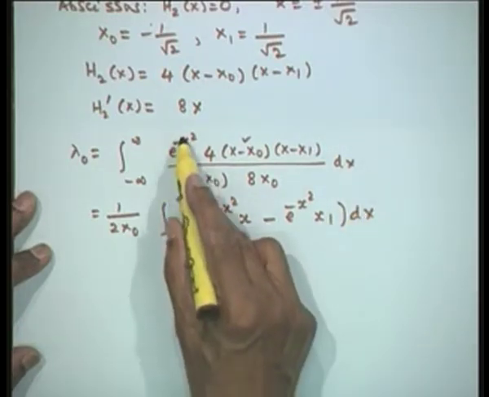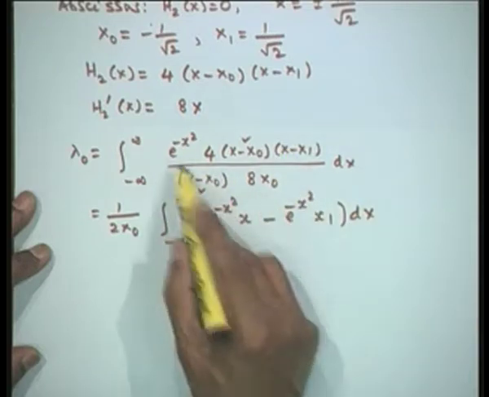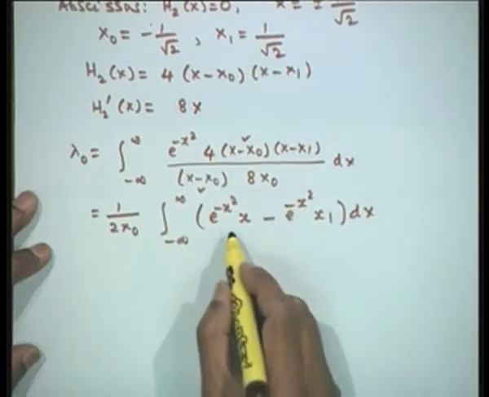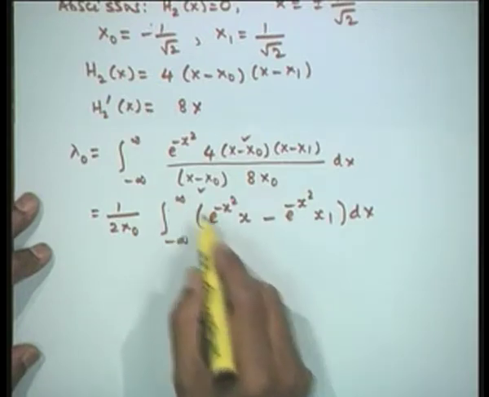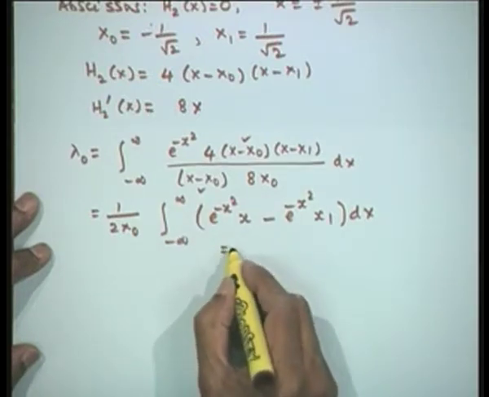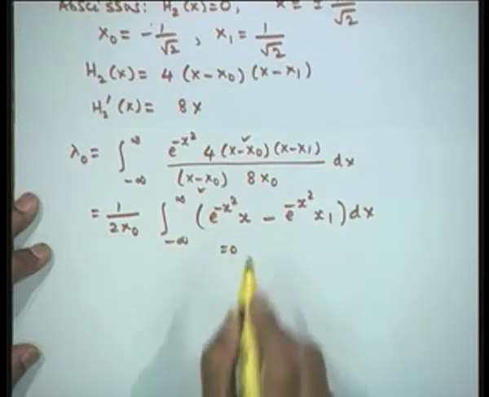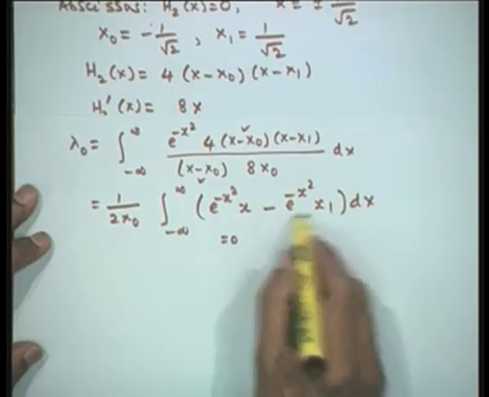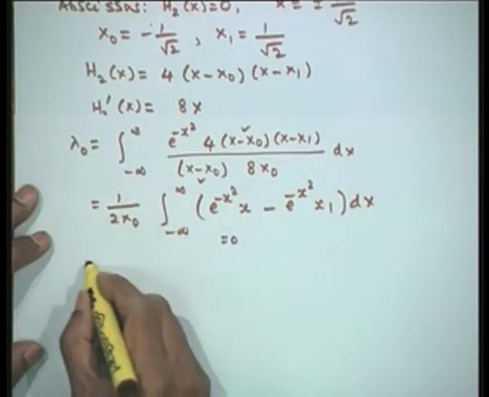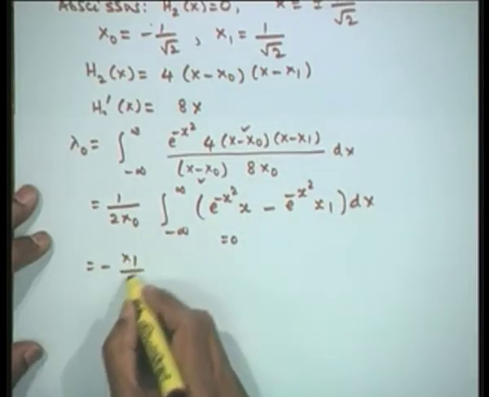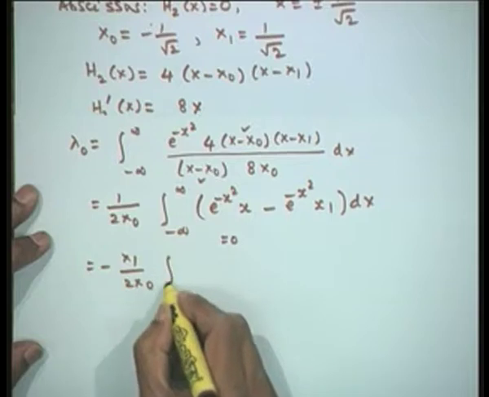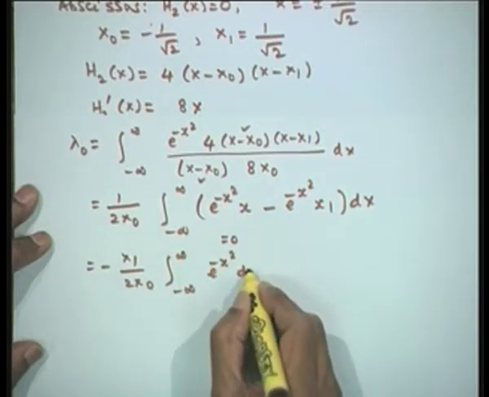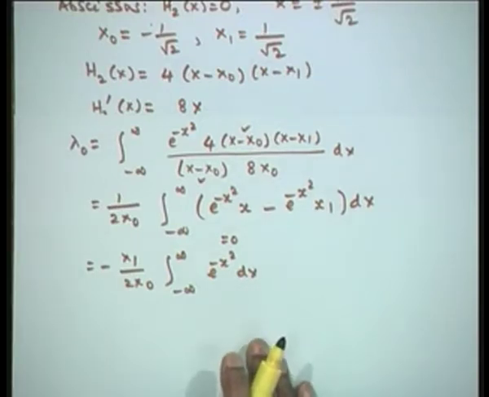Now, this is an odd function in minus infinity to infinity, therefore, the value of this integral is equal to 0. So, only this will contribute, and let us take minus x 1 outside. So, I will have minus x 1 upon 2 x naught, integral from minus infinity to infinity of exponential of minus x square dx.